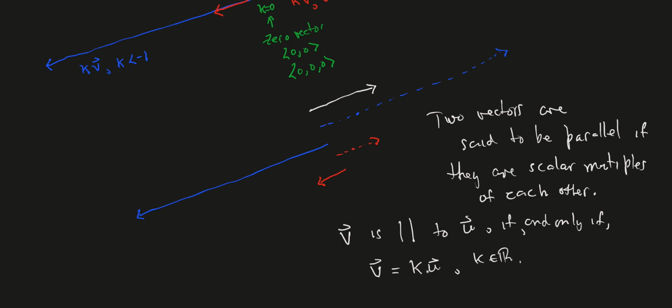It's a little bit different than saying parallel lines have the same slope. We're not really talking about slope now, we're talking about direction, and that direction is defined by these vectors. They're either pointing in the exact same direction or in the exact opposite direction, and we don't really care how long they are, just the direction.